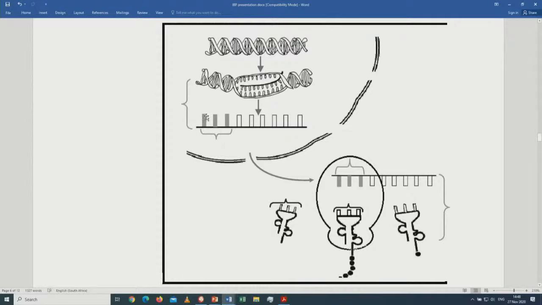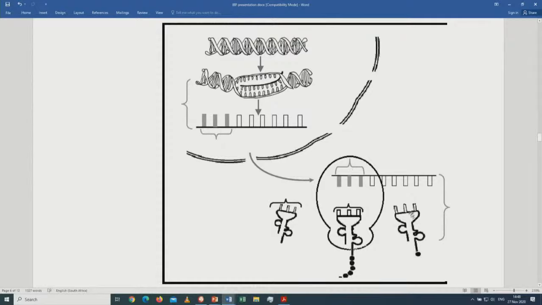Now a triplet of 3 nitrogenous bases on an mRNA molecule is termed a codon. In this example of this mRNA molecule, we have 1, 2, 3 codons. Once mRNA has been formed, it will exit the nucleus via the nuclear pore and get attached to the ribosomes in the cytoplasm. And now the process of translation occurs.